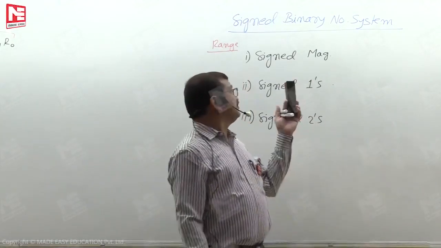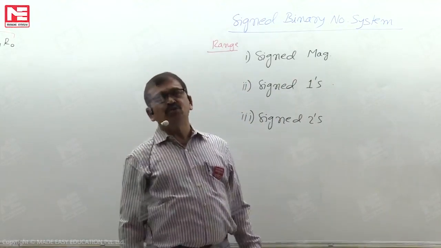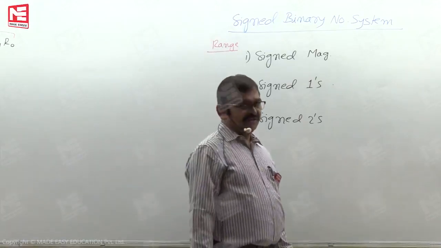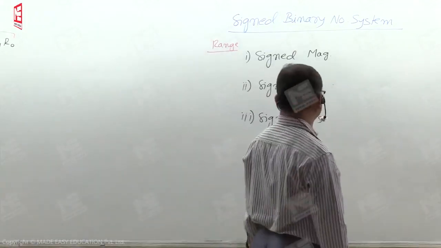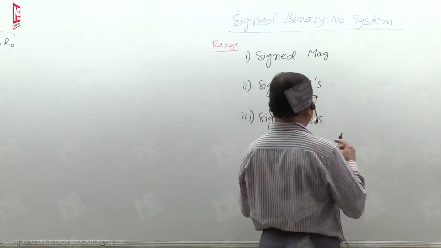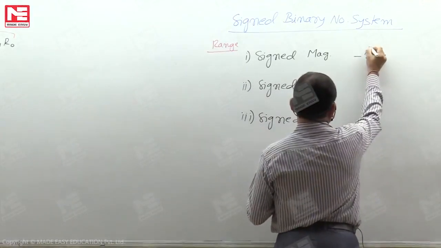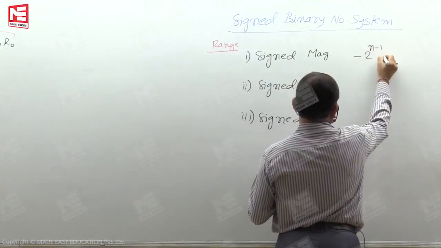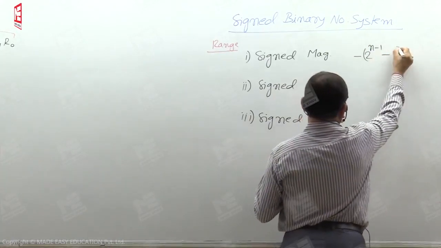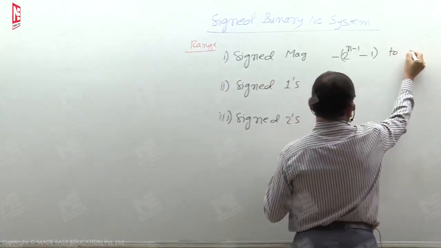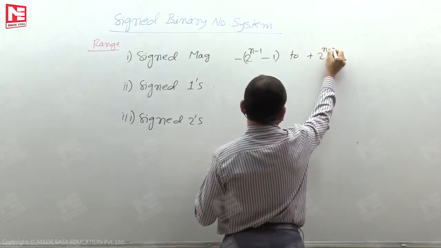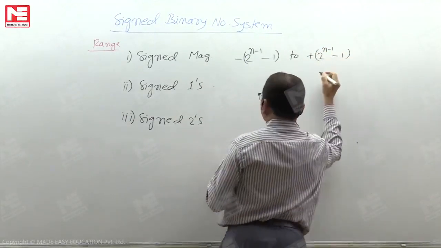If you look at the sign magnitude representation, the range is minus (2 to the power of n minus 1, minus 1) to plus (2 to the power of n minus 1, minus 1).